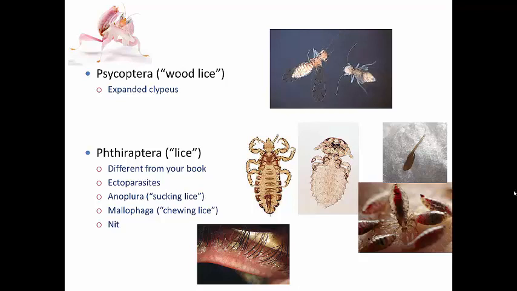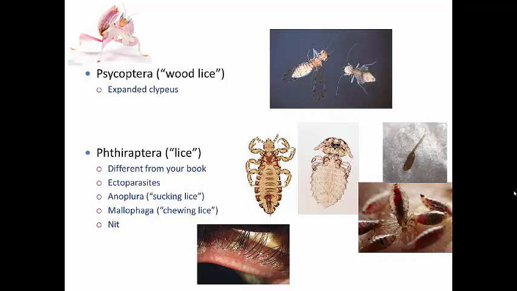I want you to know Hemiptera and Malophaga simply because Malophaga comes up most often in the literature in your potential field of study. Okay, so the distinction between these two is based on the presence or the absence of mandibles. Mandibles for chewing versus a cone-like piercing and sucking mouth part.